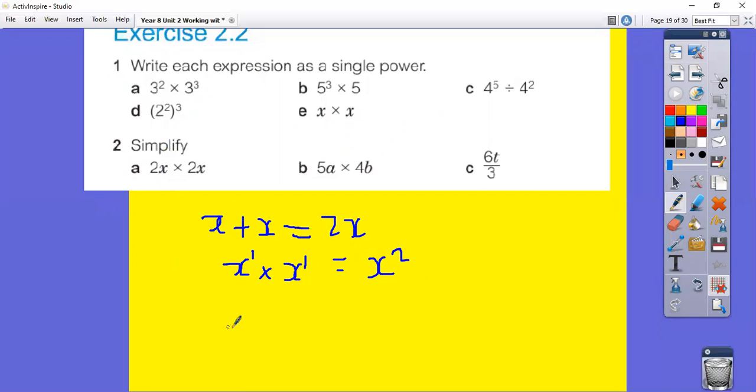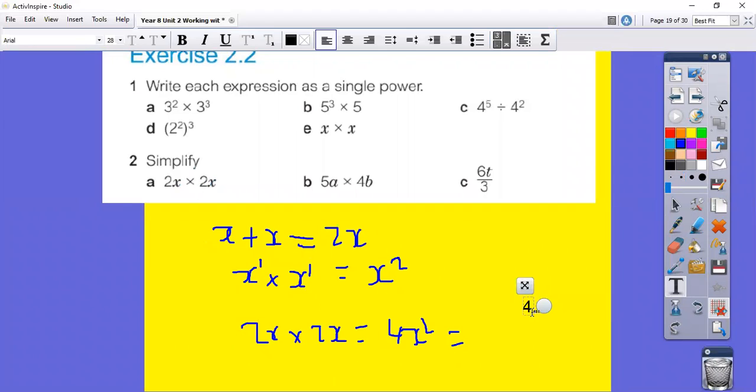So when we've got 2x times 2x, that's going to give us 2 times 2 is 4, x times x, x squared. Let me write this out clearly: 4x squared.